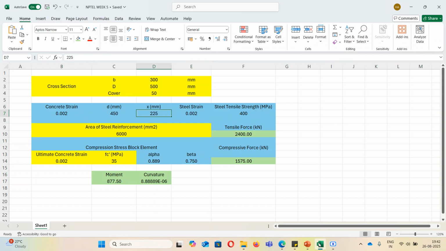Right now I need to increase because compression force is less than tension force. So I will place 250. Again I need to increase because C is less than T. 255, 260. At 260 it is becoming more than tensile force. I will place some value in between. If you see at 257.2, I get values very close to each other. So we will fix the moment and the curvature like this.